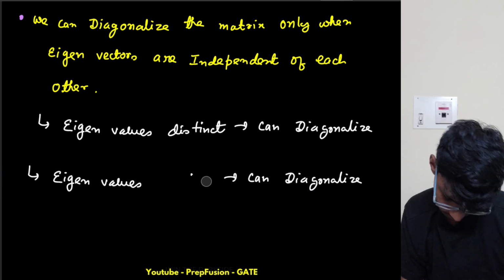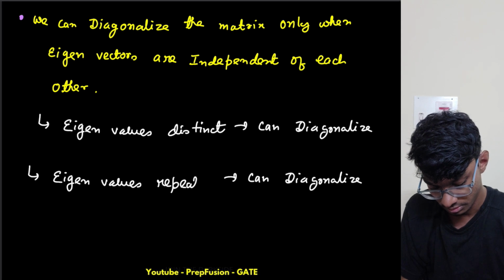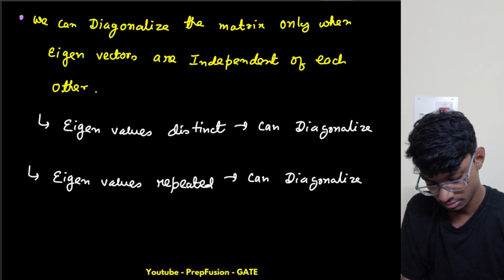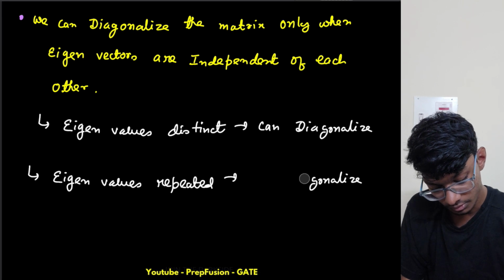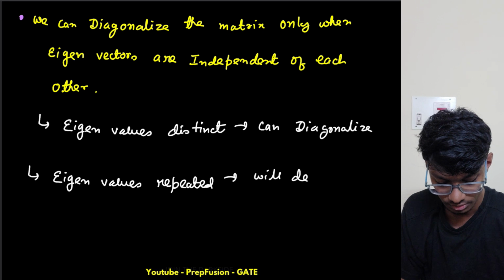Eigenvalues if they are repeated: will depend on eigenvectors.